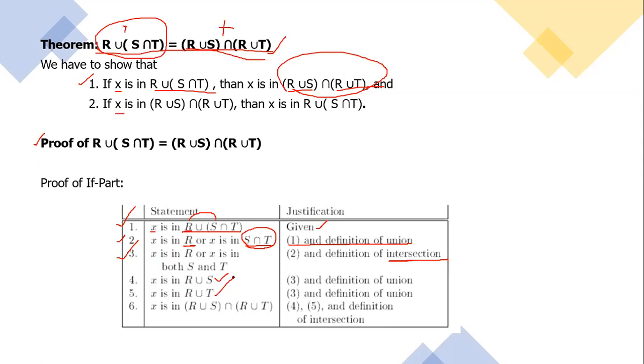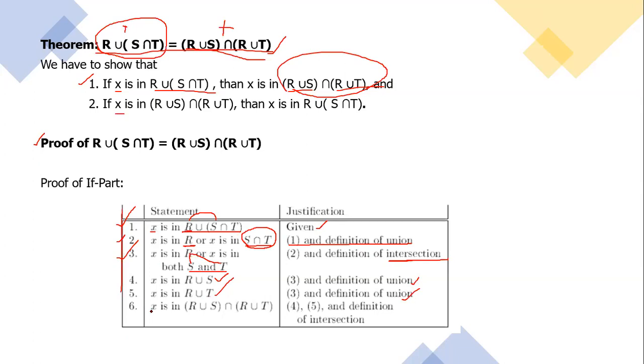The particular element is present in the whole set R, otherwise X is present in both S and T. If the particular element is present in both the sets, then only I can mention it in the intersection. So I can say X in R union S or R union T. So I just combine this R S and R T. Both are from point 3 and the definition of union.